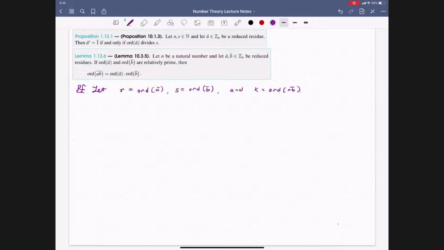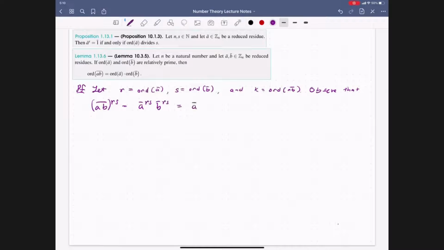And the first thing we are going to do is take ab bar to the r times s. By exponent rules, this is the same as a bar to the rs, b bar to the rs.